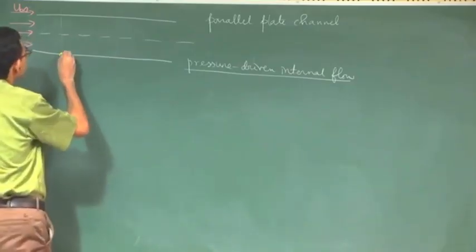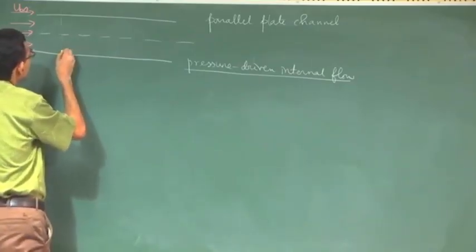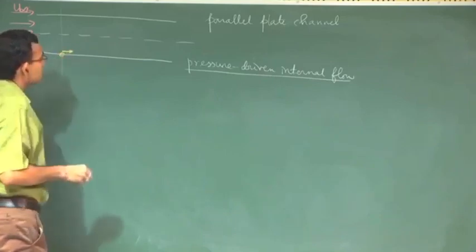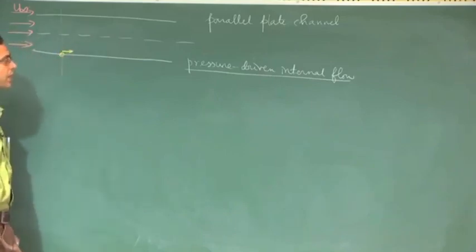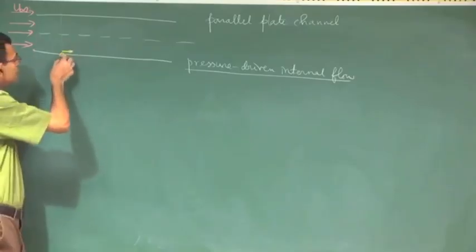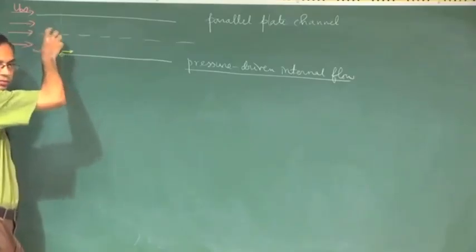Then the velocity somewhere above it will be greater than 0, but also not the maximum one.